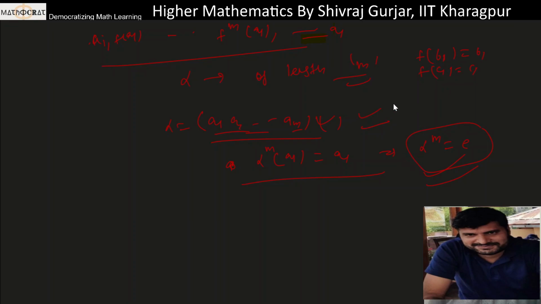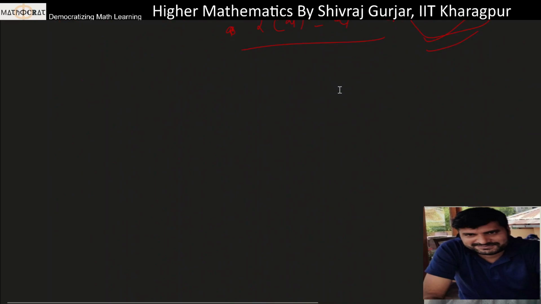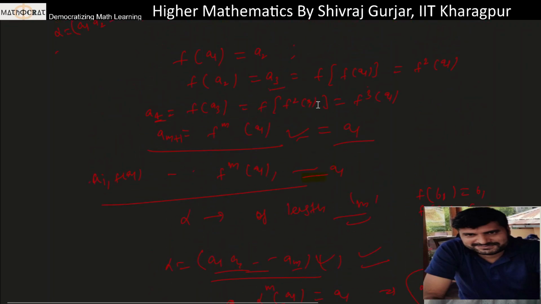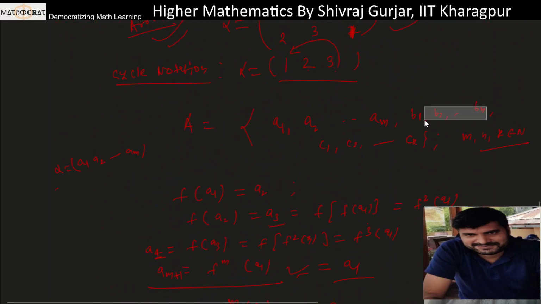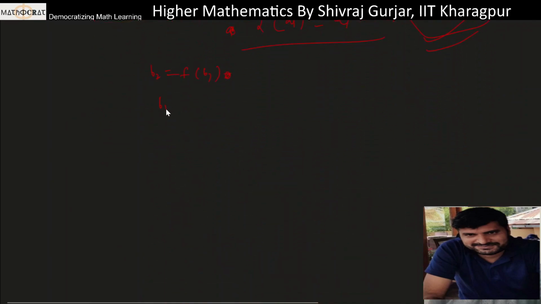Okay, but it can also be that, as we took these elements, f b1 is b2, b2 is nothing but f b1 and so on. As we did here, there will be a cycle of length n in this case. Okay, so bn or bn plus 1 will be nothing but f n times b1, n times b1, which gives us b1 itself. Okay, so this will be a cycle of length n. So that way alpha can be written as a1 a2 am, b1 b2 bn and c1 c2 ck.